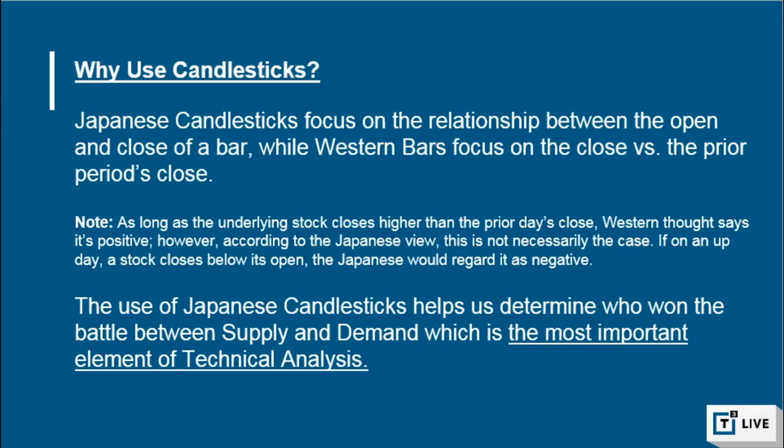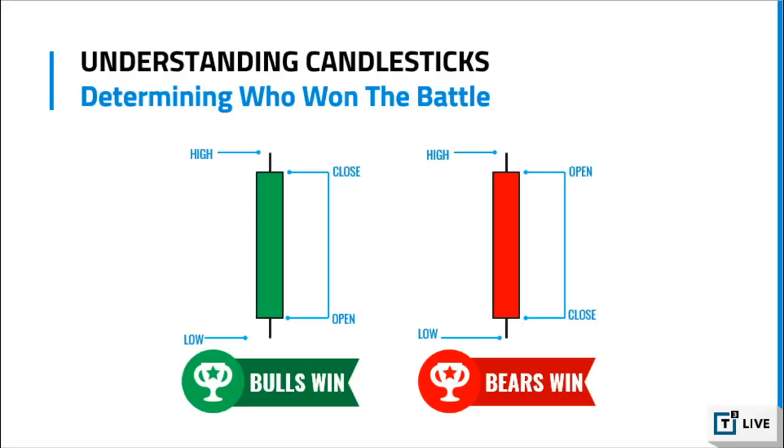Now, when it comes to Western bar charts, as long as the stock closes above the prior day's close, they say it's bullish. But according to the Japanese view, it is not necessarily the case.